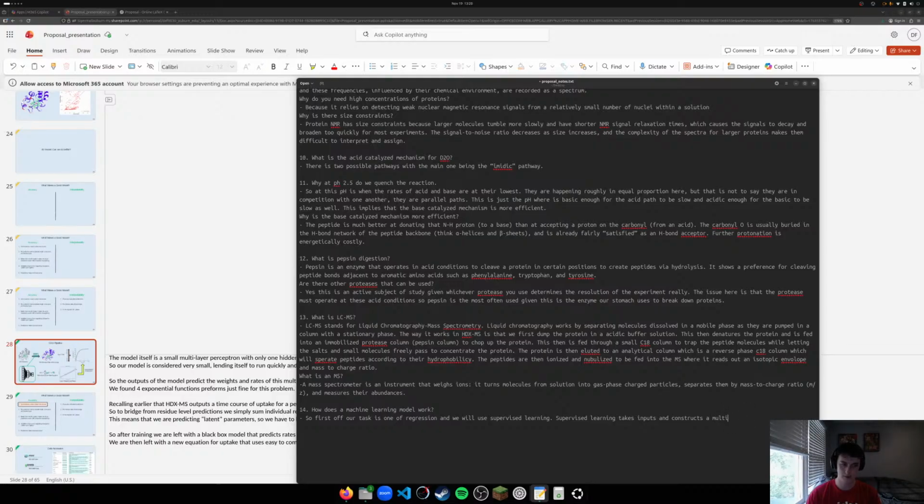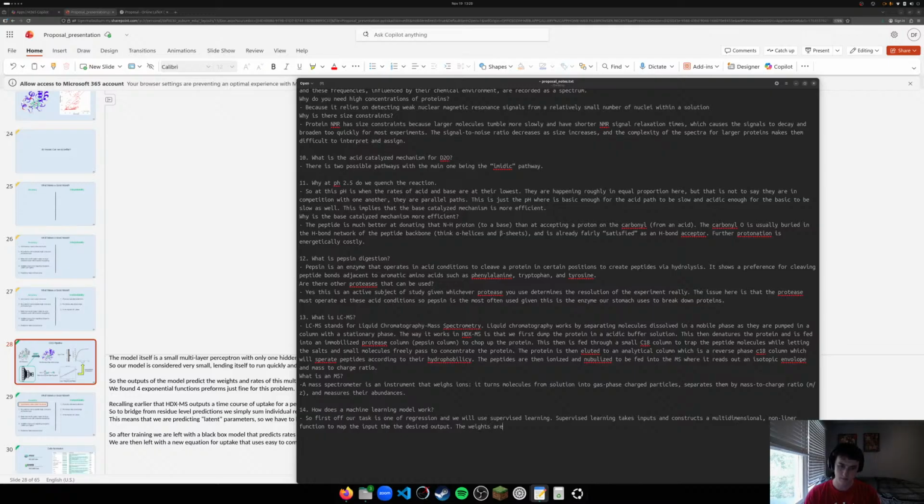multi-dimensional non-linear function to map the input to the desired output.